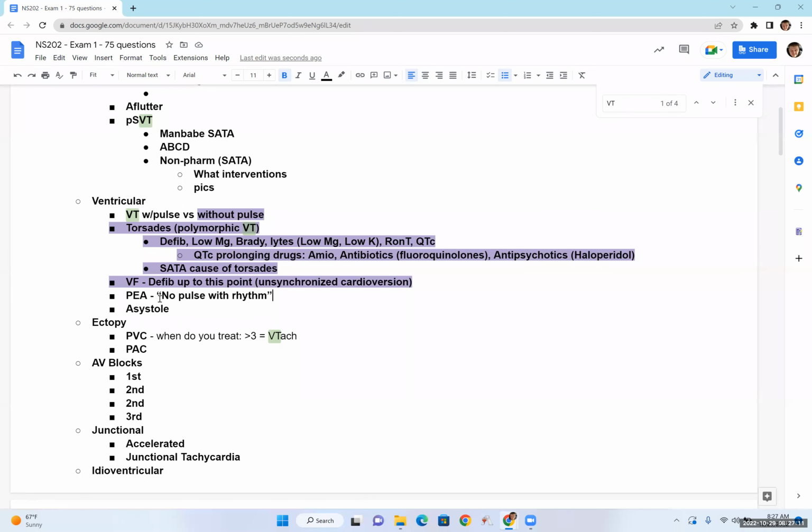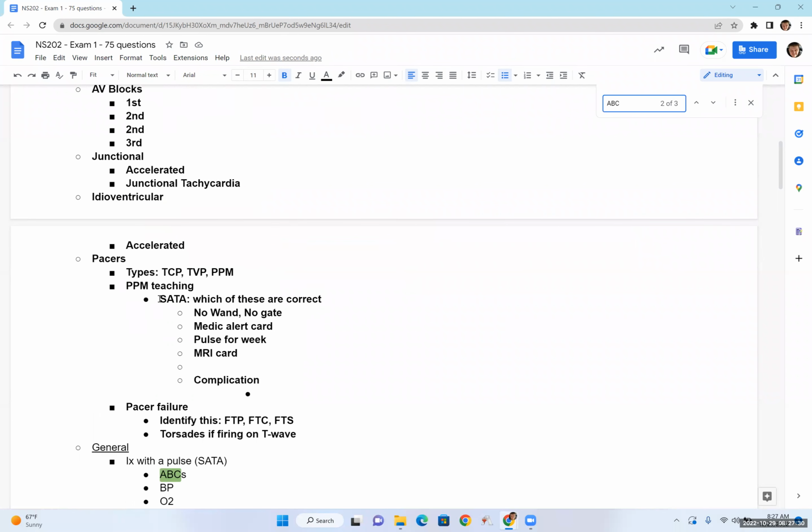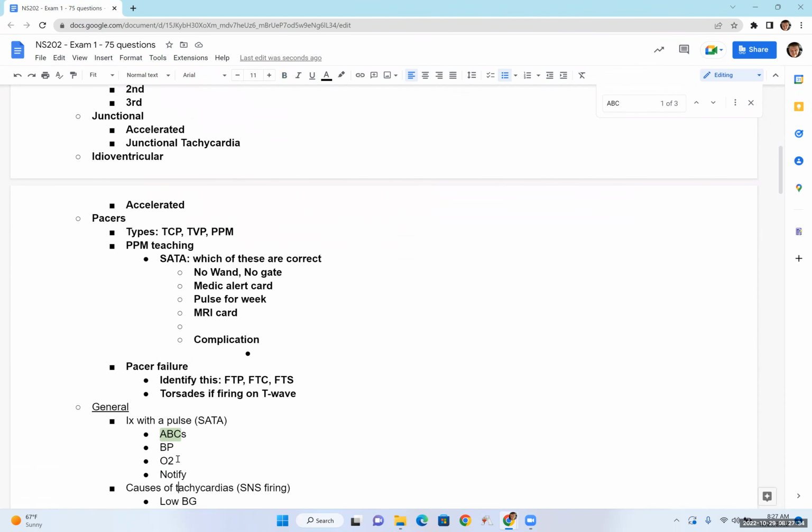So part of the game for MedSurg 1 was recognizing the rhythms, just identifying them. And now you have to identify them and know what the treatment, causes, and management of those things are. As far as nursing management, it's pretty much one of two things. As far as rhythms with a pulse, you're doing ABCs, and C is your circulation.